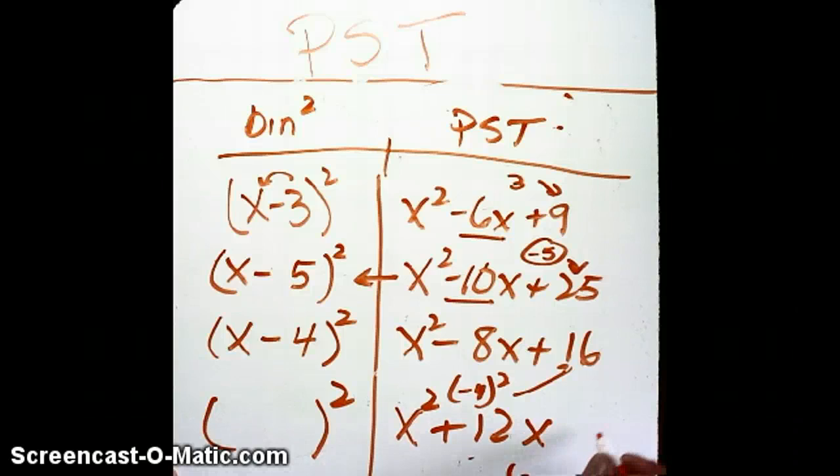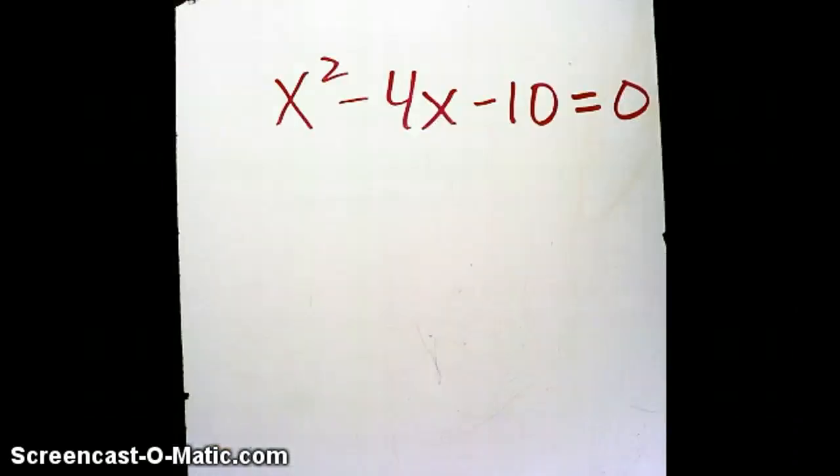I'll square it and get 36. Notice they're all plus on that last term. Can you go back? Sure. X plus 6 squared. Again, see how I get that 12? I double. 12.